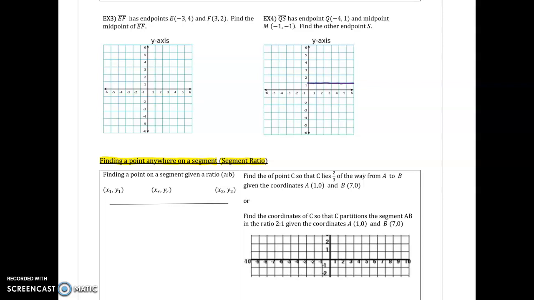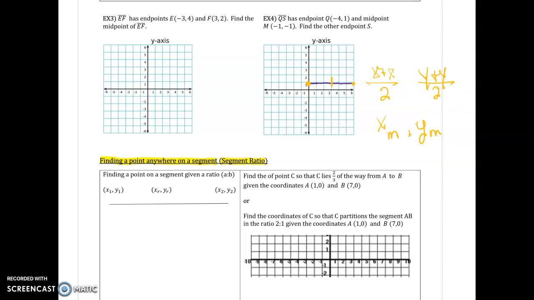Besides just seeing in a picture where the midpoint was, we added our endpoints, these yellow dots, we added them up, and we divided by 2. That got us our x-coordinate of the midpoint. And then we did the same for our y-coordinates. We add them up and divide by 2, and that got us the y-coordinate of our midpoint.